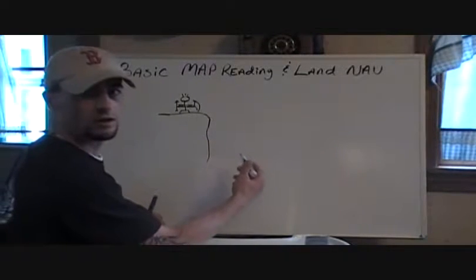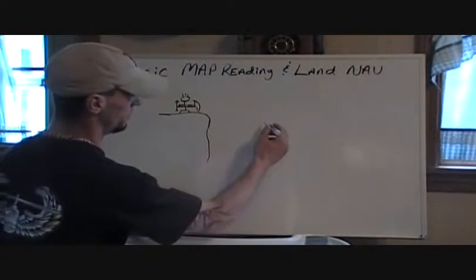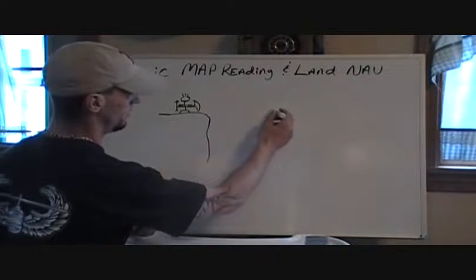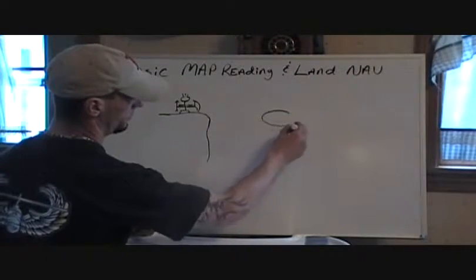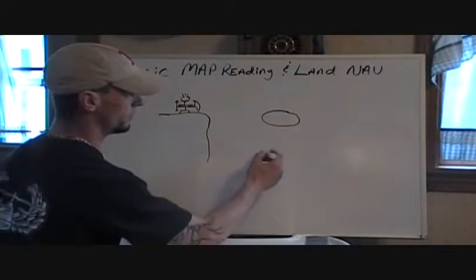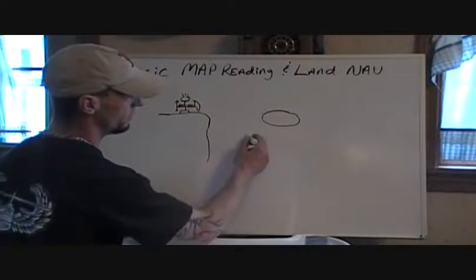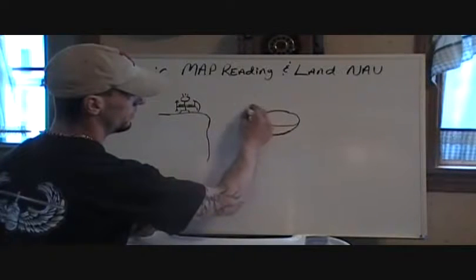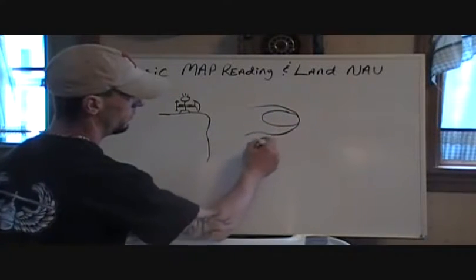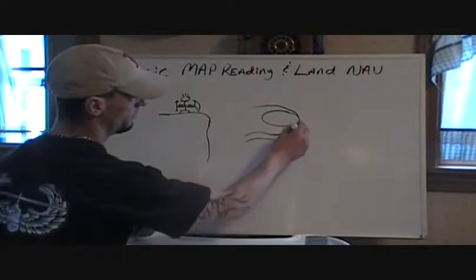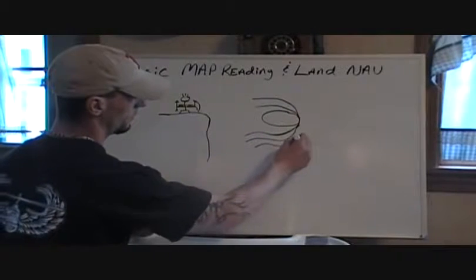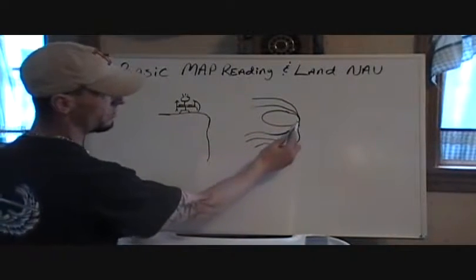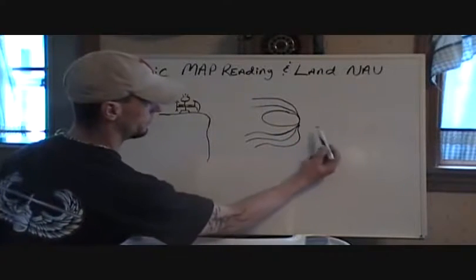What that's going to look like on a map is a series of contour lines, and it may use a hilltop for example. So now you have a series of contour lines. And what's going to happen with them is they're all going to run into each other right here.